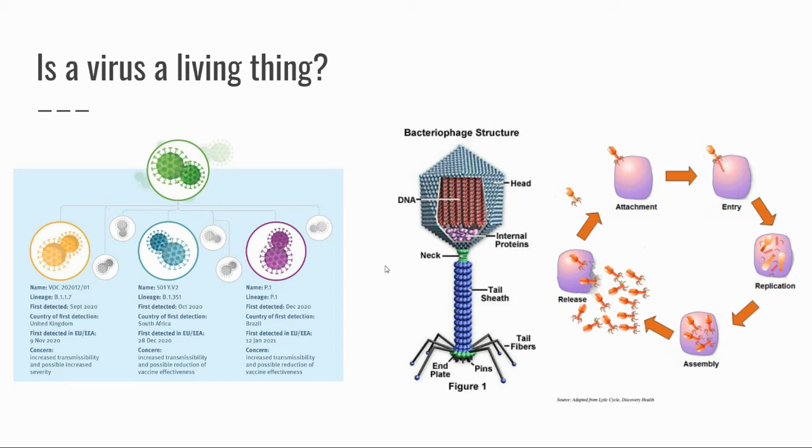A bacteriophage, and generally any virus, has a protein capsid. It's an envelope of protein, and inside the protein is genetic material, which can be either DNA or RNA. And then it has tail sheath and tail fibers.